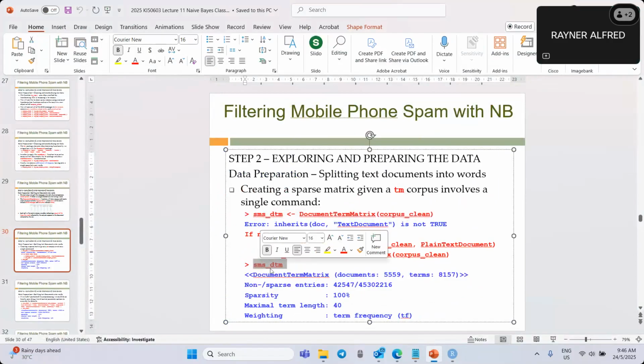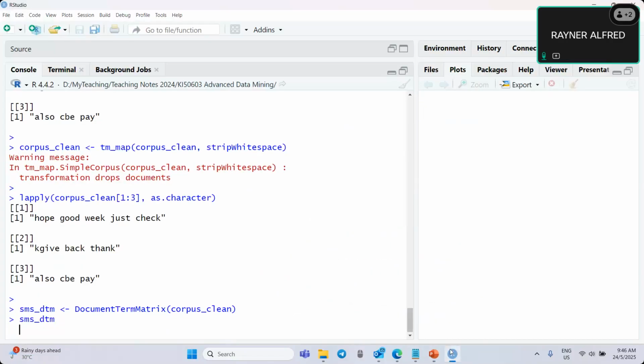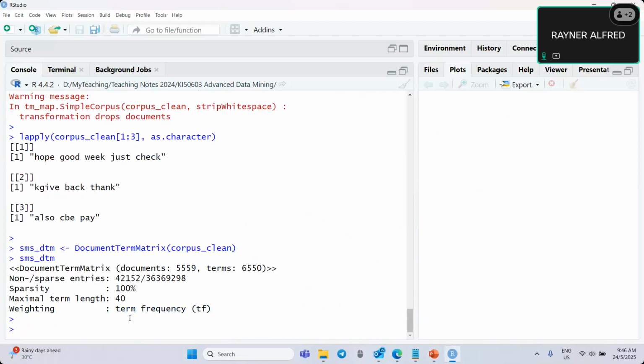If we look at the content, we have 5,559 documents as rows and 6,555 terms. The weighting here is the frequency of each term, TF, so that is the number that we use.